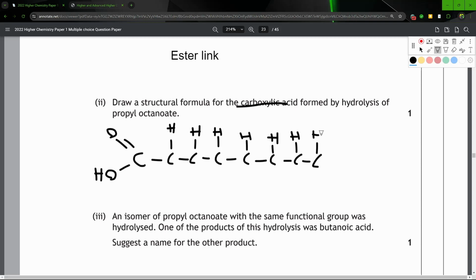I've heard they will actually accept one omitted hydrogen, but only if the bond is pointing at an empty space. But that seems like such a daft thing to do. Like, you'd notice that pretty quickly. So yeah, just put all the hydrogens in, because it guarantees you get that mark. There we go. We're done and dusted.